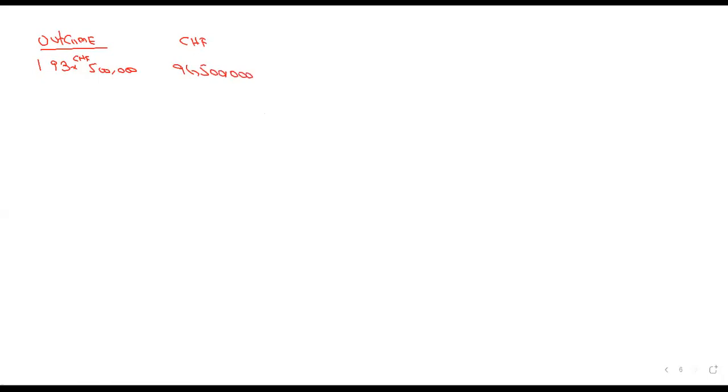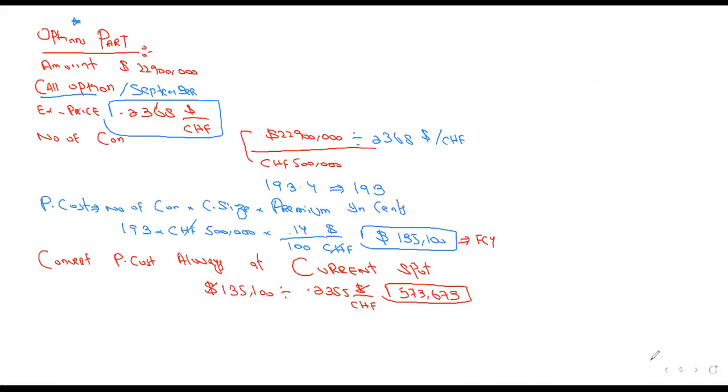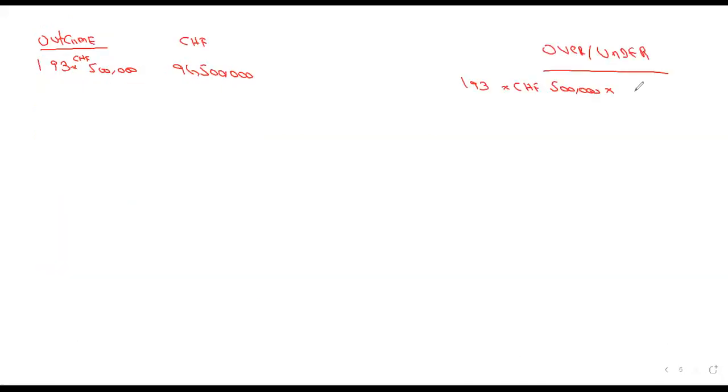Now we have to perform the calculation for over or under hedge. Said that 193 contracts. In one contract, we are hedging 500,000. And what was the exercise price? 0.2368.